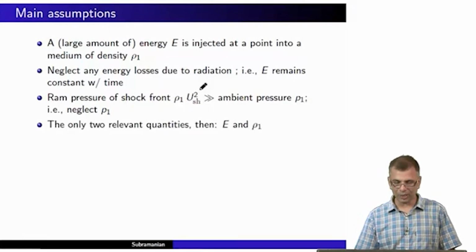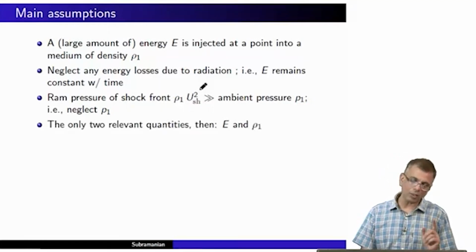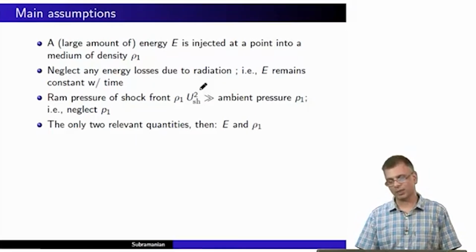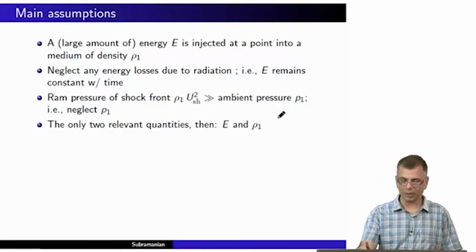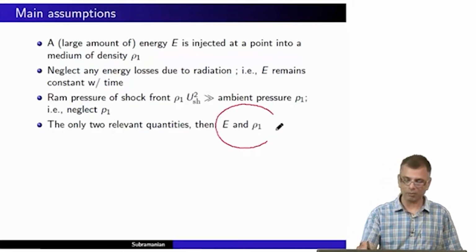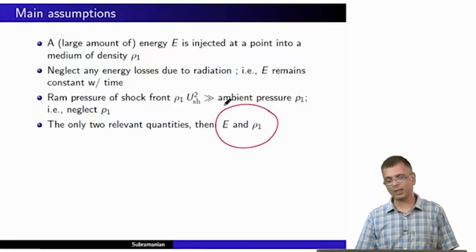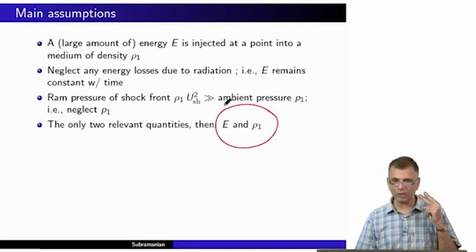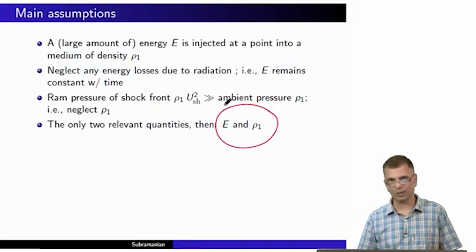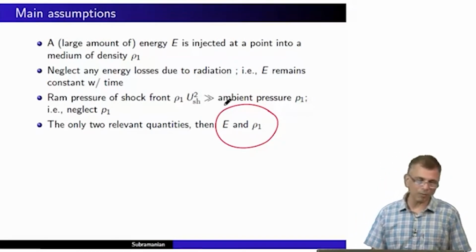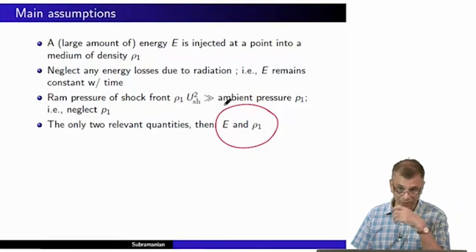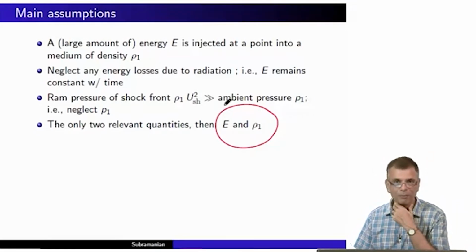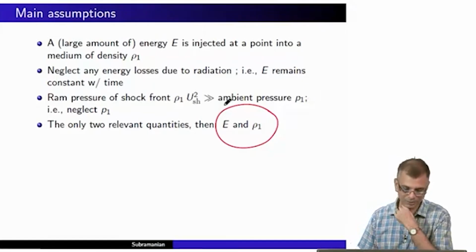Therefore, there are only two relevant quantities, E and rho 1. P1 doesn't matter and E does not decrease with time, so we are left with only two, and this is very important. This is one of the main building blocks on which this brilliantly simple theory is constructed.